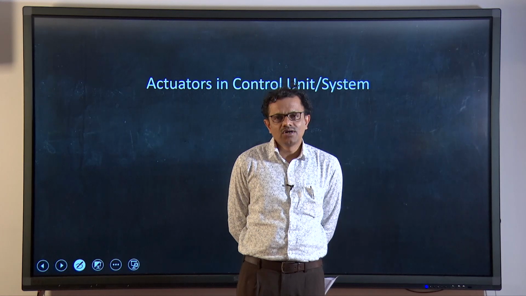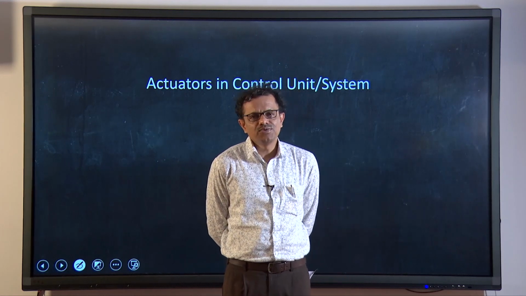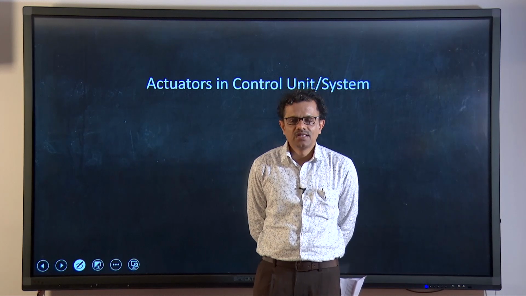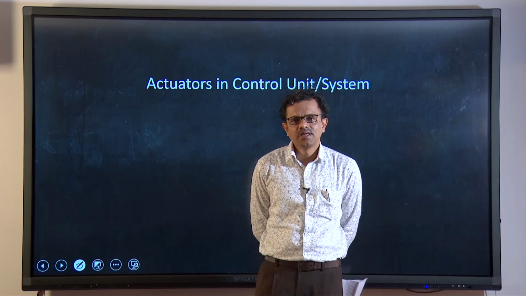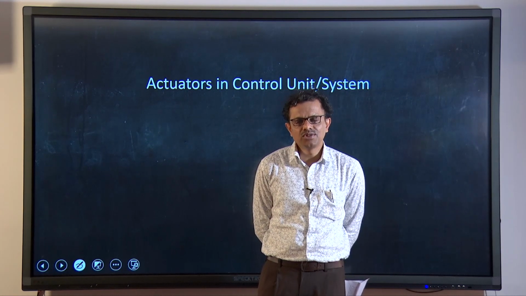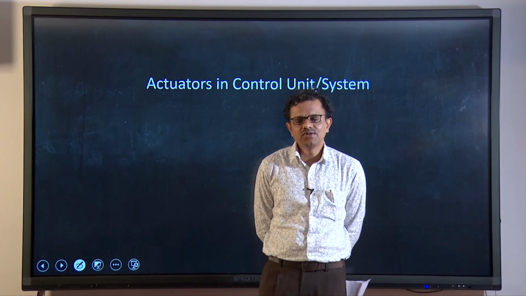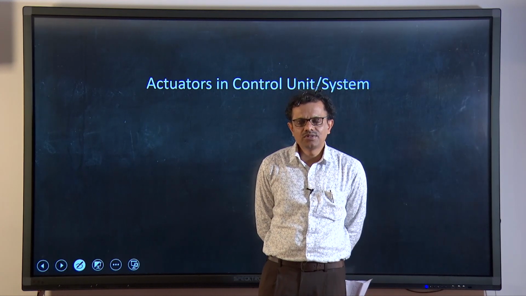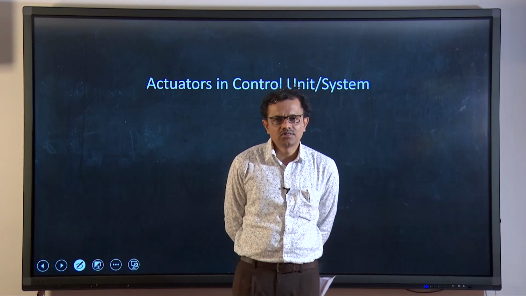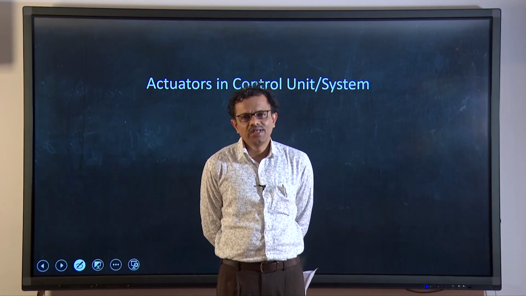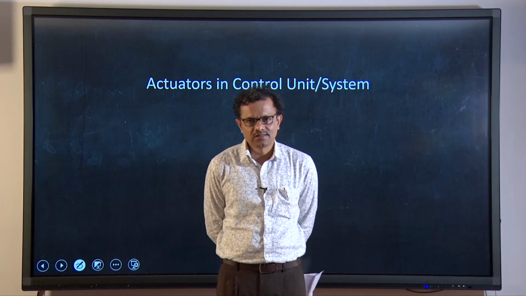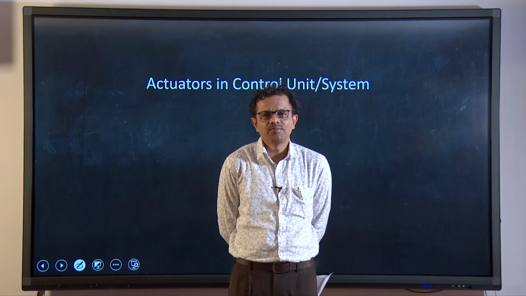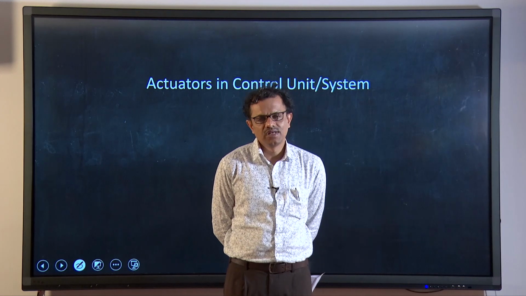For example, if the vacuum in the intake manifold is more, that would be sensed by the manifold absolute pressure sensor, and that information should go to the ECU. Receiving that input, the computer of the ECU will give some feedback to the fuel injectors to supply an additional amount of fuel so as to have a balance of the air fuel ratio.